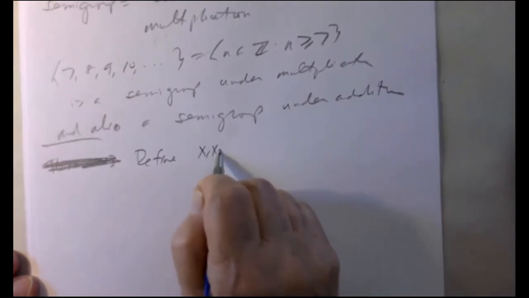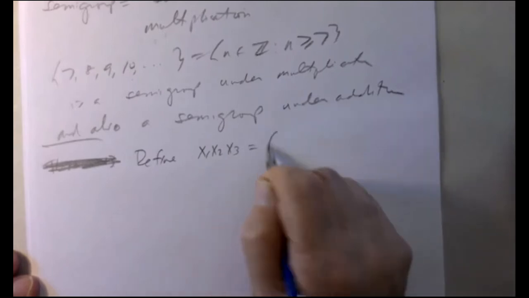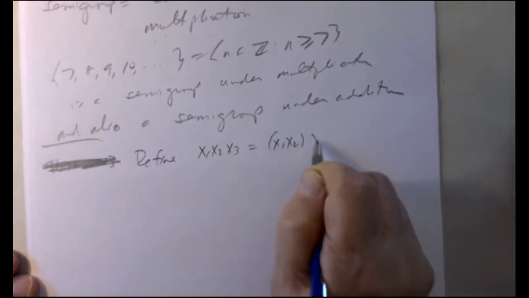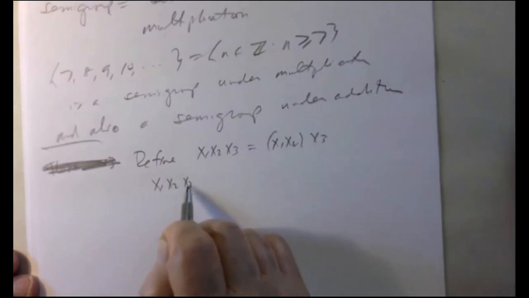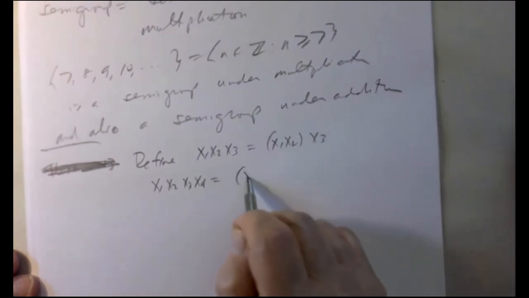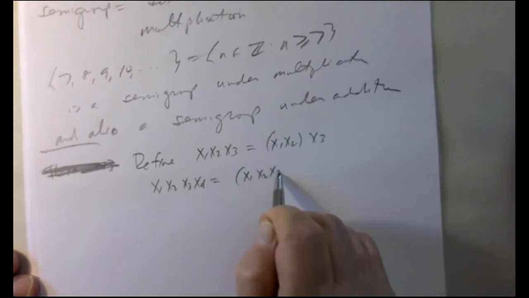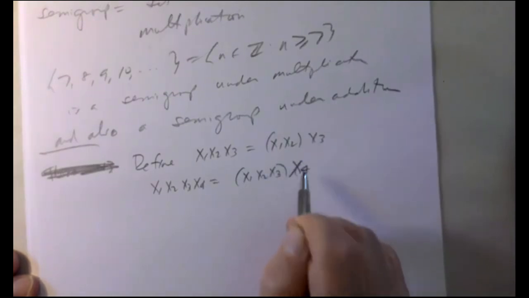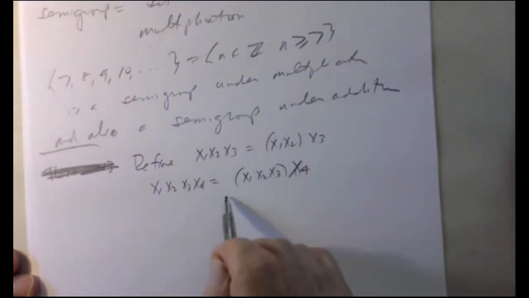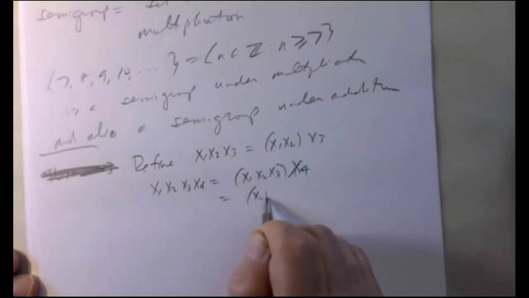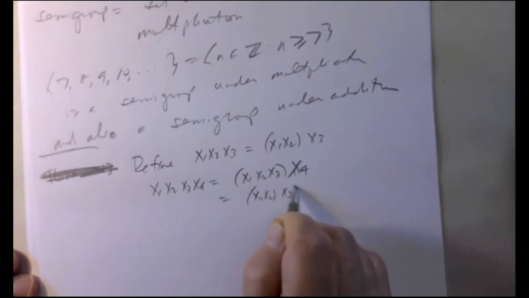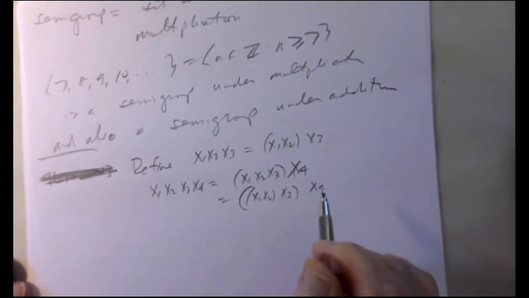And if we want to define the product of n things, we define it inductively. So x1, x2, x3 is defined to be x1 times x2 times x3. And x1, x2, x3, x4 is defined to be x1, x2, x3 times x4, which is x1, x2 times x3, all times x4.